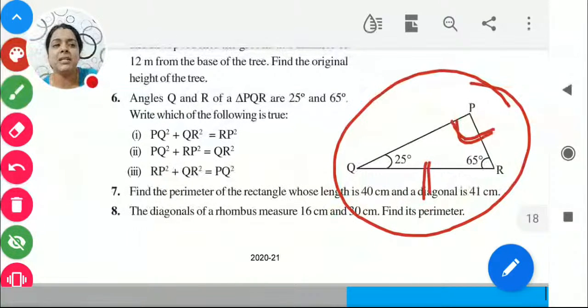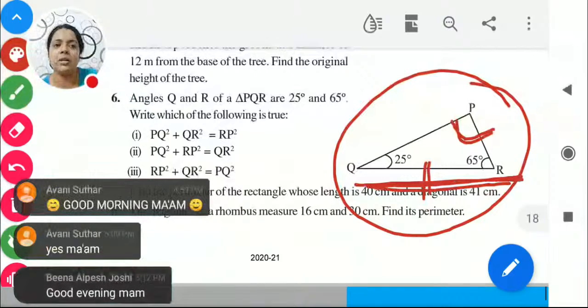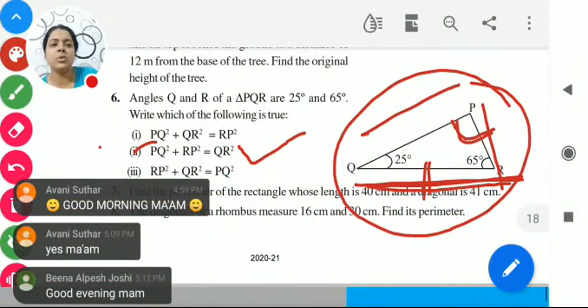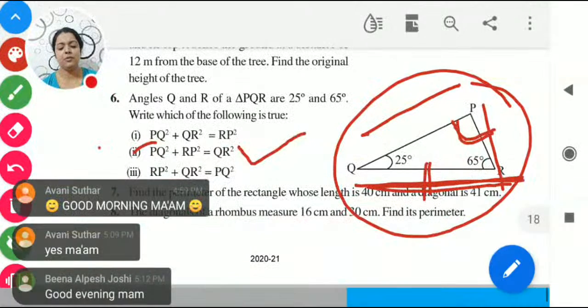What is the formula? Hypotenuse square, meaning QR square, is equal to QP square plus PR square, that is PQ square plus PR square. But the most important thing, what do you find here?